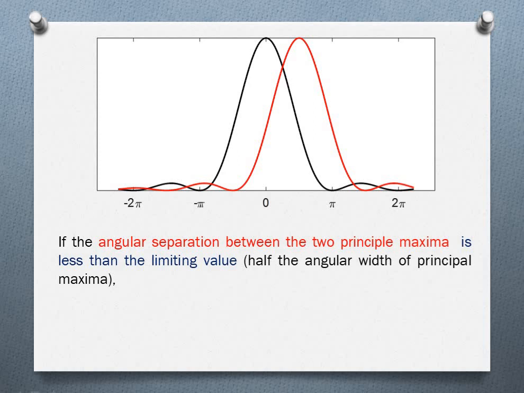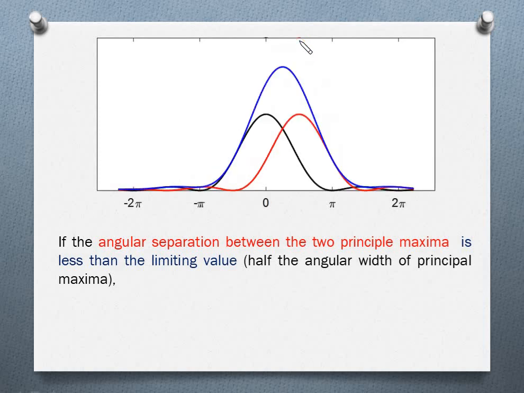So the angular separation between these two must be equal to or more than half of the angular width. But here this is not the case, and what we will see is this resultant pattern, with only a single peak, which indicates only one object.